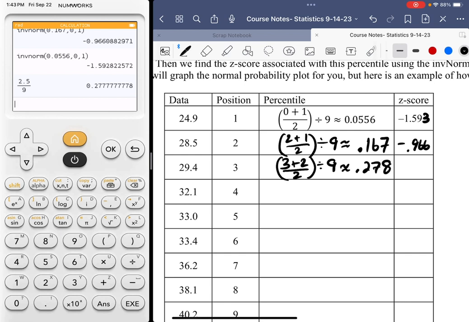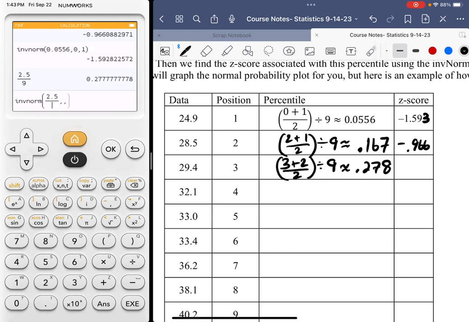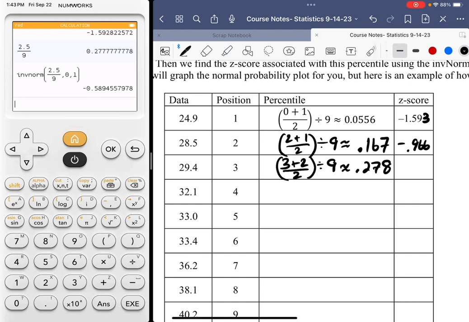But since I'm about to take this number and put it into this calculation, it begs the question, why not just put in the 2.5 over 9? Then I can just edit this repeatedly. So 2.5 over 9 with a 0 and 1 for the assumed mean and standard deviation is going to give me negative 0.589.